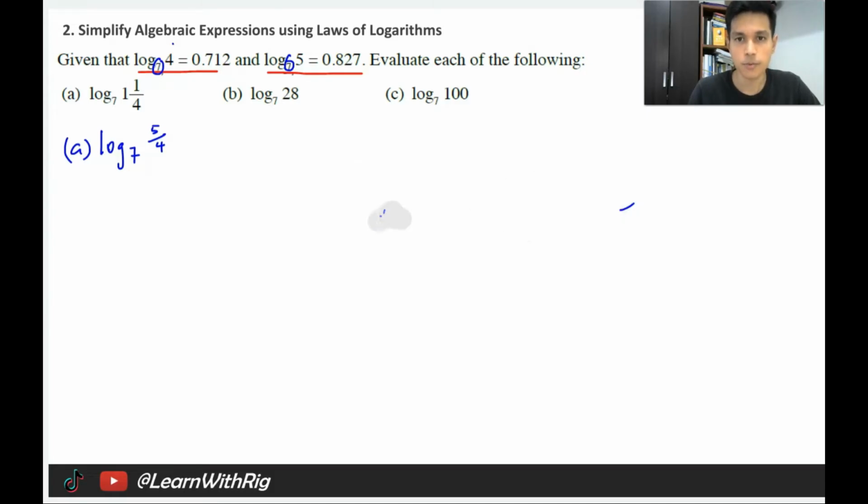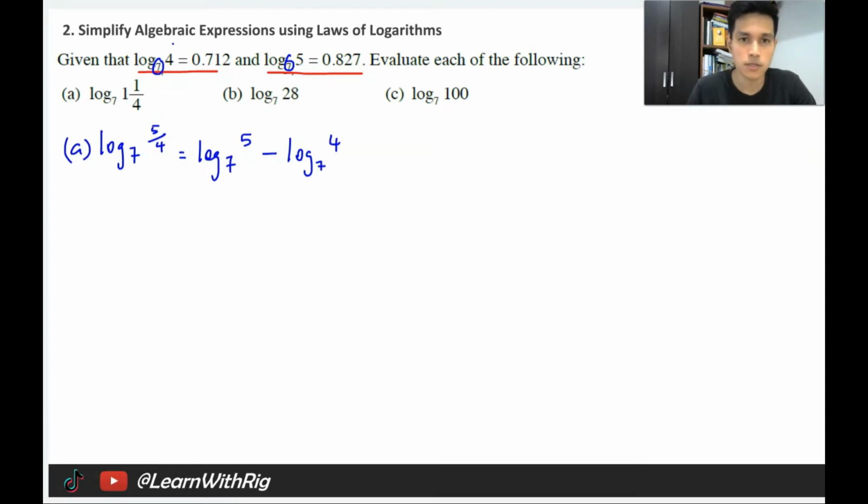So when you break it down, it becomes log 5 base 7 minus log 4 base 7. When it's minus, the 5 is divided by 4, so you get 5 over 4.